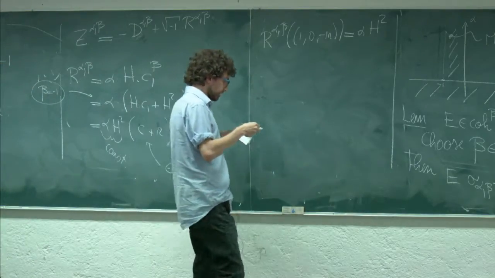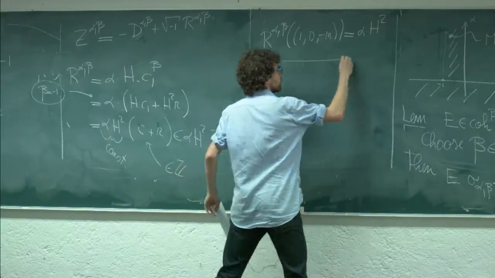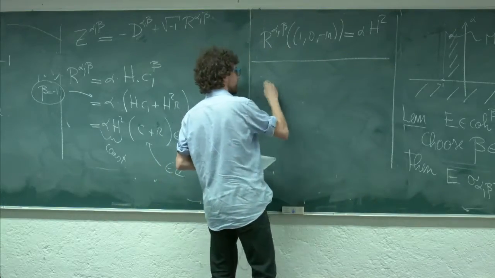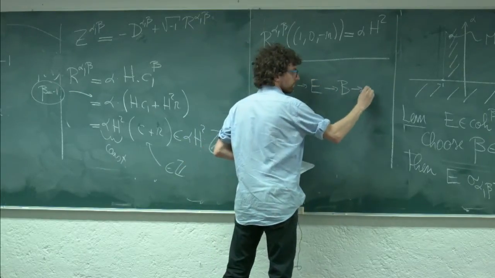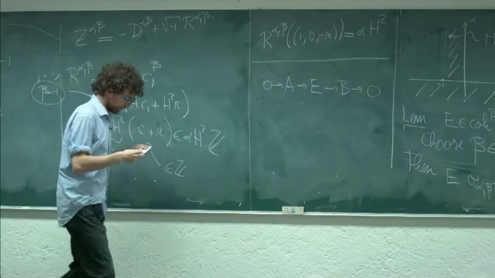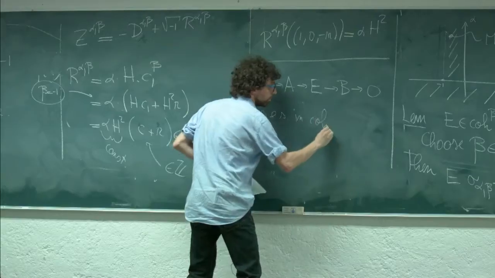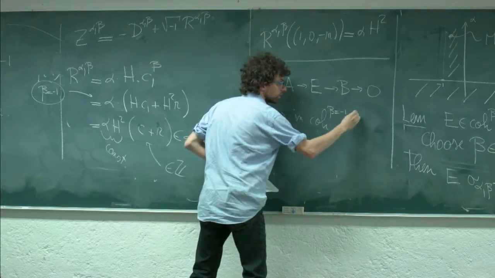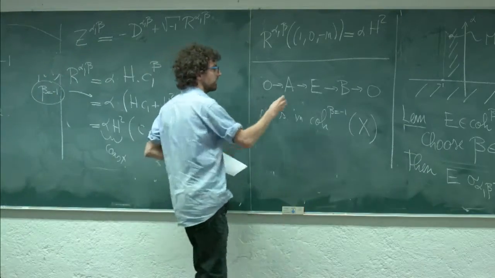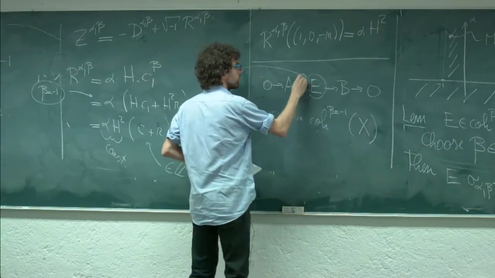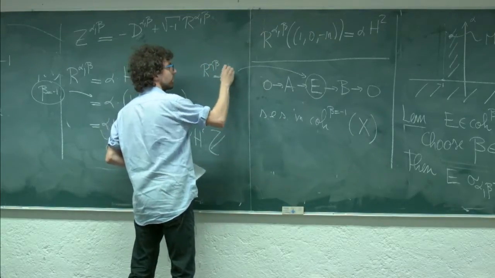And now I argue as follows. If I have a sequence like this, okay, so this is an exact sequence in Coh beta equal to -1 of X. And let me assume that this guy in the middle has R alpha beta to be minimal, so to be alpha h squared.